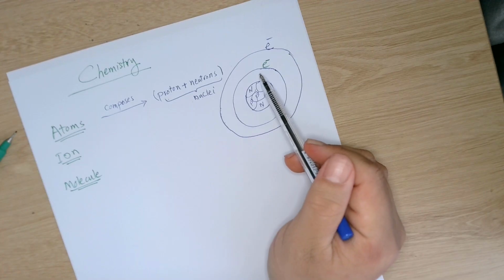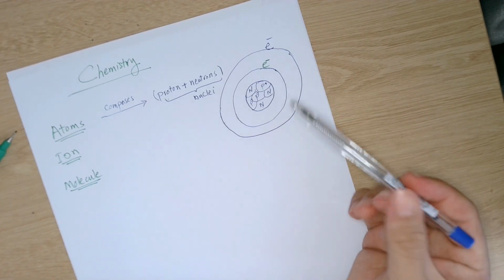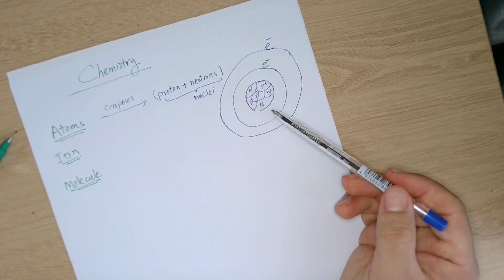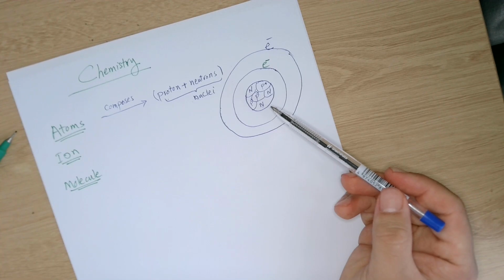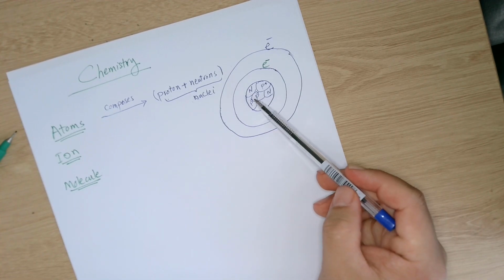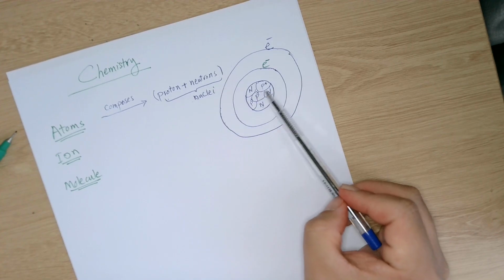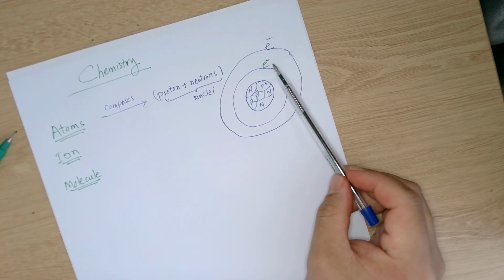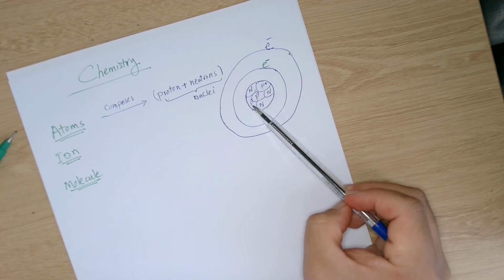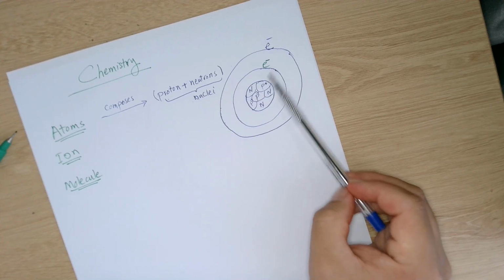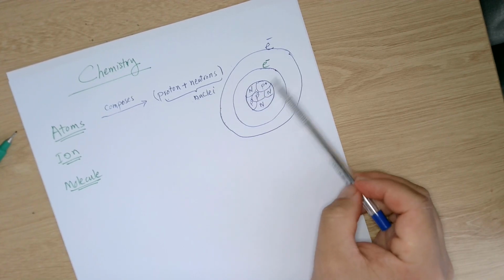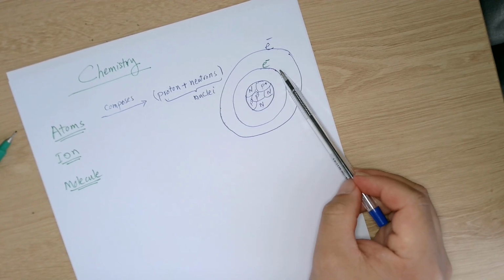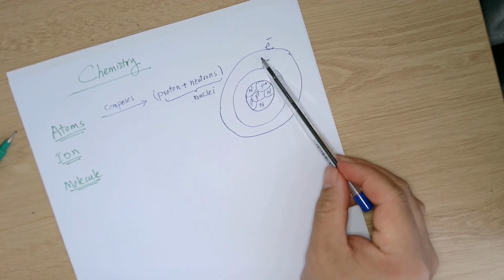This is very, very important to understand. The number of protons should be equal to the number of electrons. So positive and negative charges cancel out each other in the atom, as it is neutral overall.